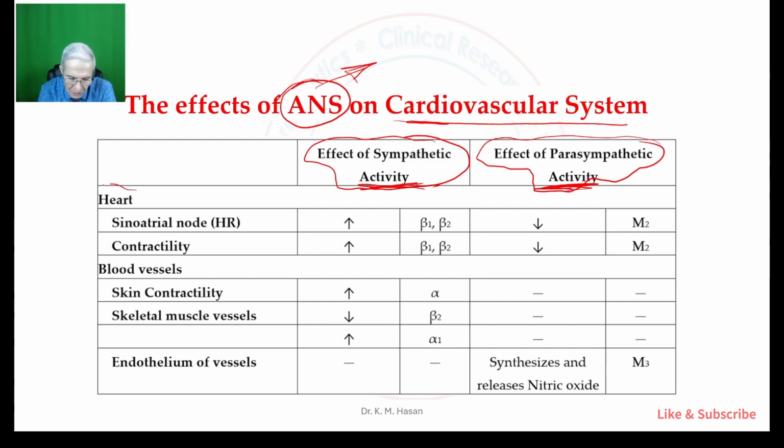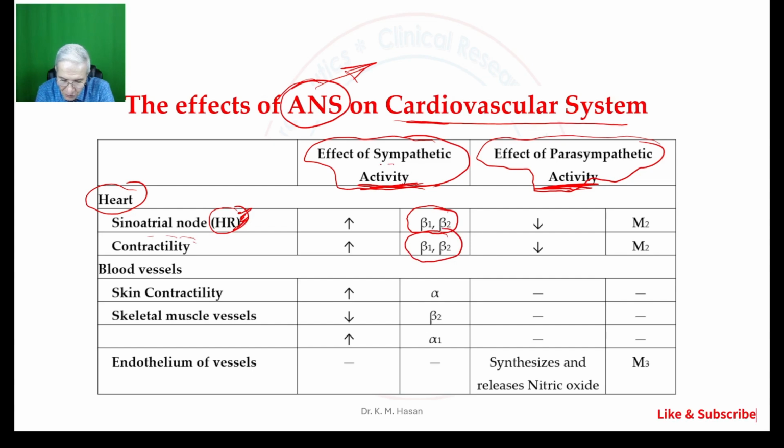Start with the heart. In the heart we have the sinoatrial node. This is responsible for heart rate, and is considered the pacemaker. We found that in the heart we have two main receptors available, beta 1 and beta 2 receptors. The receptors responsible for contractility are also beta 1 and beta 2, the same receptors.